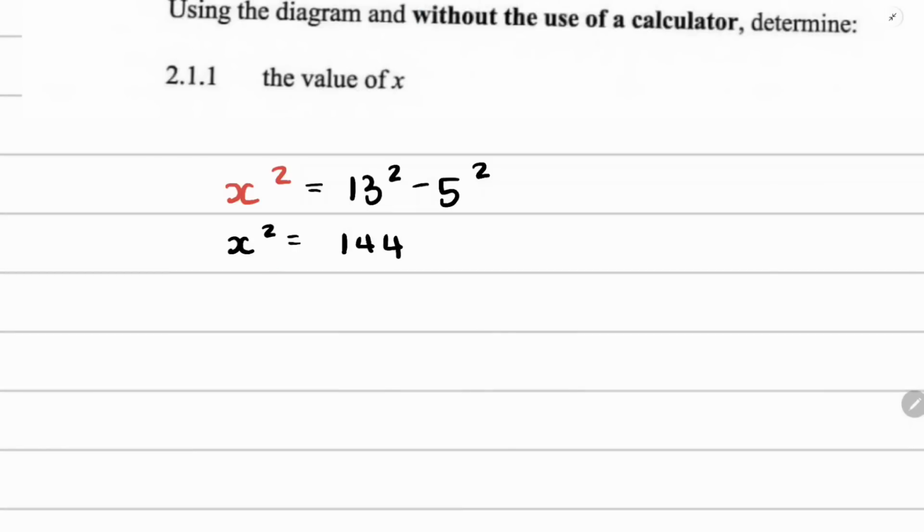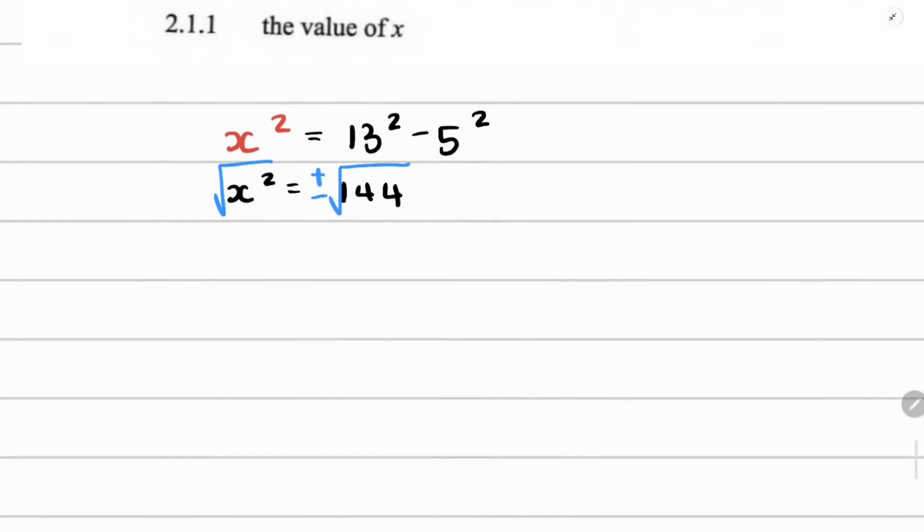And then we're going to have to solve for x. Since there is a square stopping us from getting to the x, we're going to get rid of it by doing the inverse of squaring, which is to square root. But because this is an equation, you're going to have to include plus or minus, because the positive and the negative solution would both work. The square root of 144 is 12, so the choices you have are positive and negative 12.